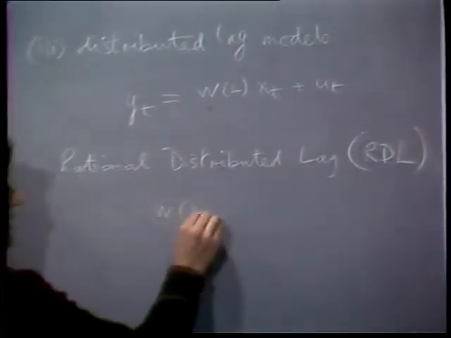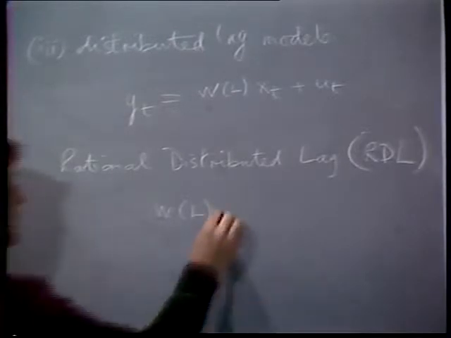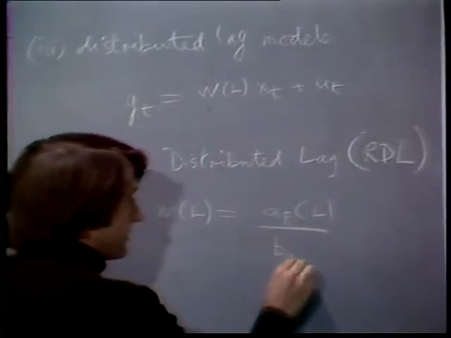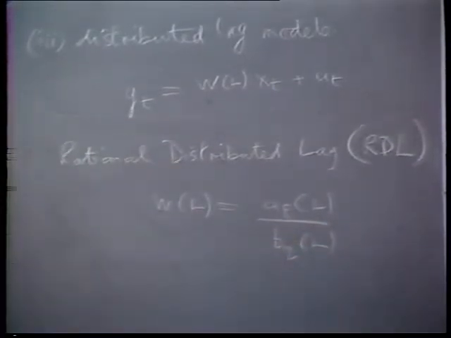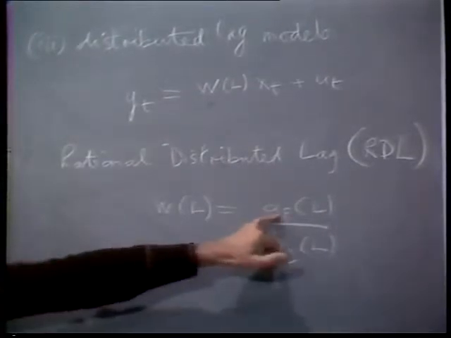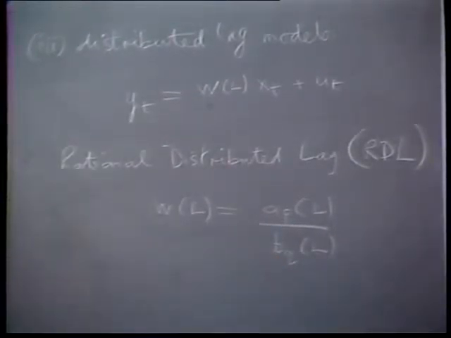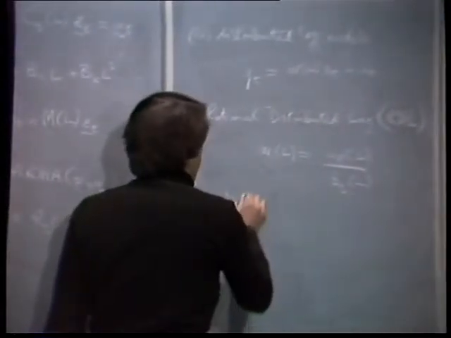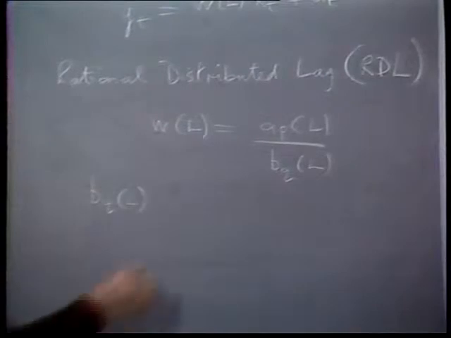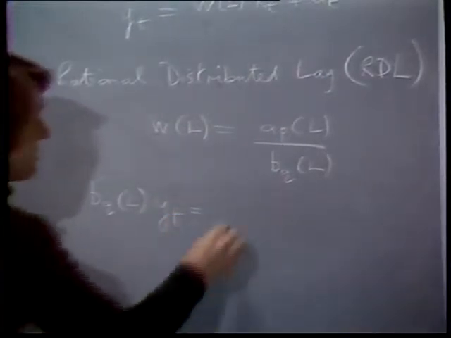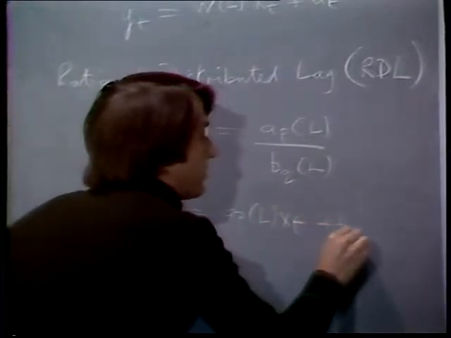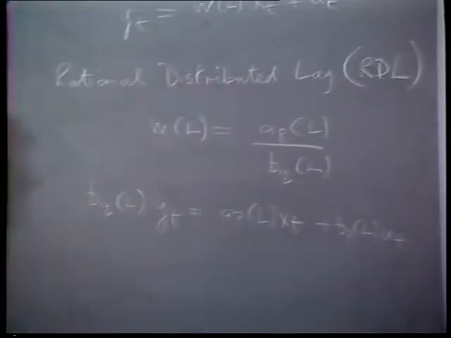Which would mean we're saying that the W of L polynomial can be approximated by the ratio of two finite order polynomials, A, which is of order P, and B, which is of order Q. If we do that, then the model becomes B_Q(L) y_t is equal to A_P(L) x_t plus B_P(L) u_t.